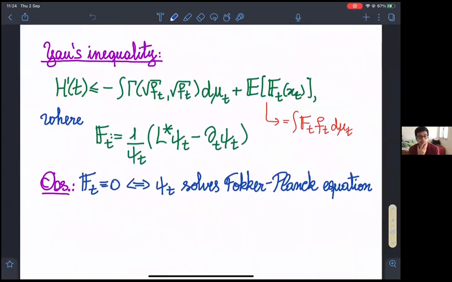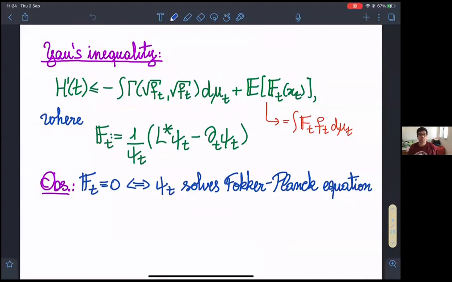Okay, so now what is Yau's inequality? Yau's inequality says that the derivative of the relative entropy, so of the density f_t, is less or equal than a negative term, which is given by the Carré du champ.